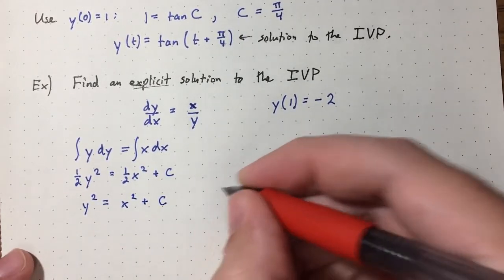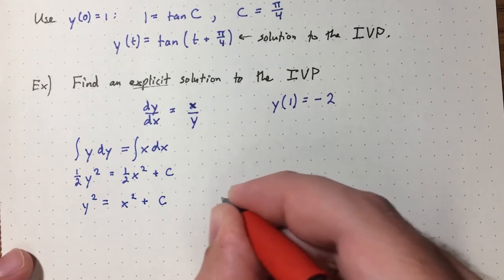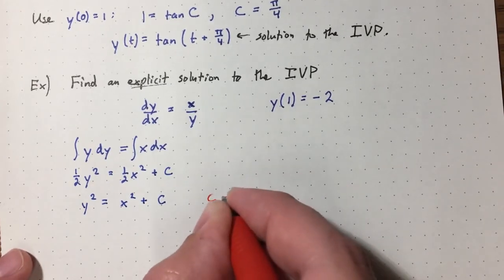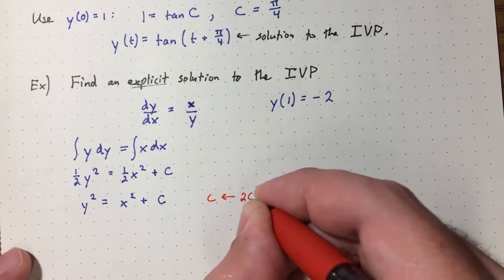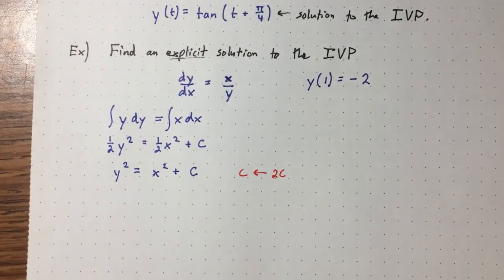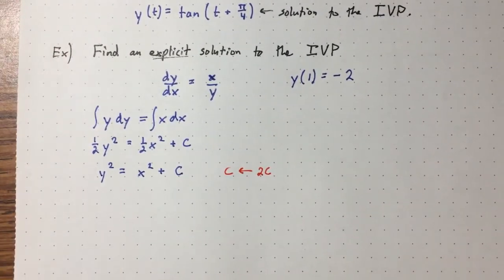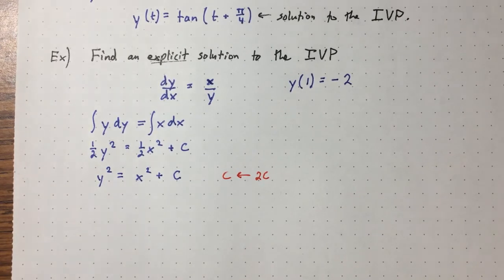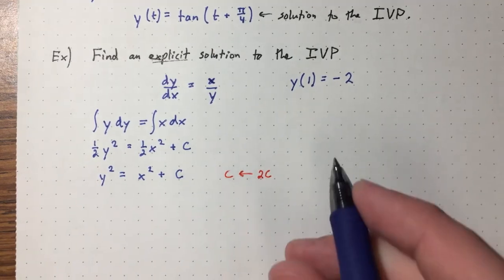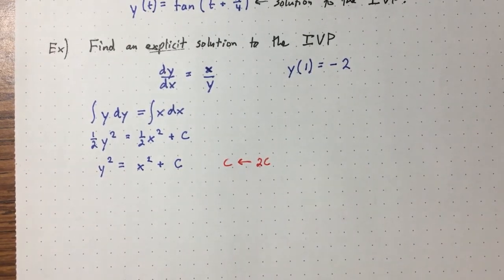So we're going to replace what would have been 2c by just c again. This is something you can do also. So 2c is again just an arbitrary constant. So we're essentially just renaming the constant, kind of like in that first example where we replaced e to the c by capital A.